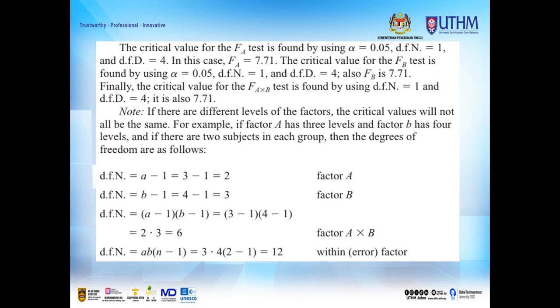DFN for A is a minus 1, 3 minus 1, and for B is b minus 1, 4 minus 1. After that, for A times B, (a minus 1)(b minus 1), we get 2 times 3 equal to 6. For within, ab times (n minus 1), you get 3 times 4, 12, 12 times (2 minus 1) is 1, is 12.